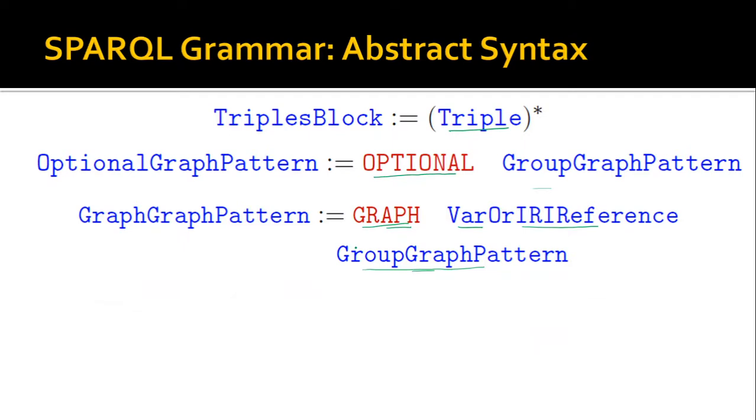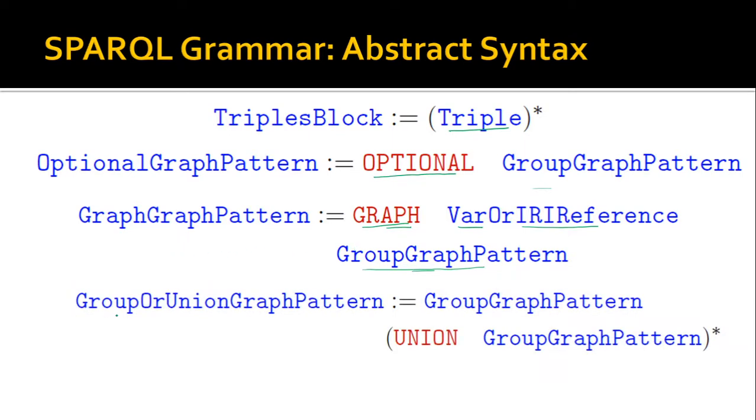Now let us try to expand this group or union graph pattern. So what we can have in this graph pattern? Let's say you have a group of triples here. So this is a group graph pattern, right?